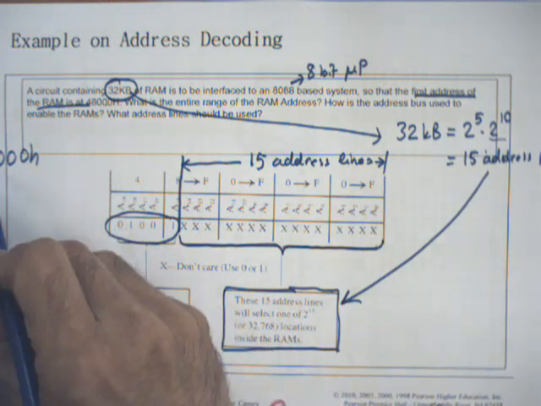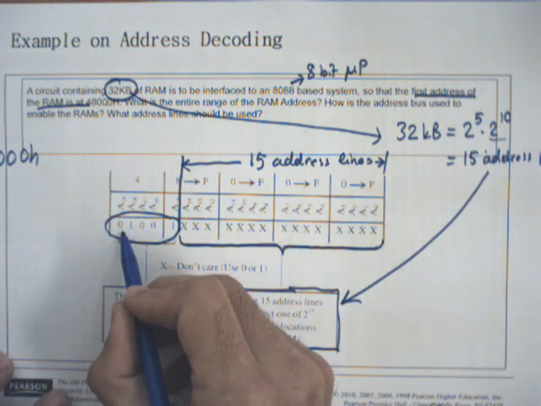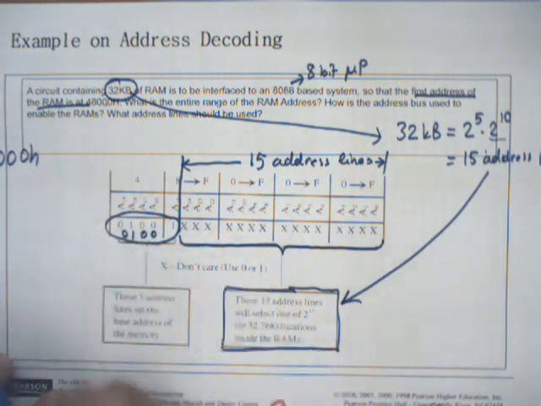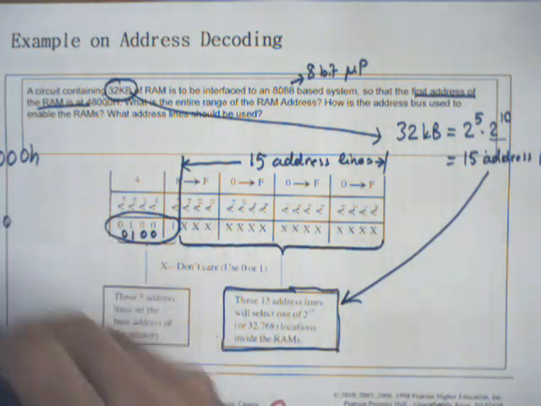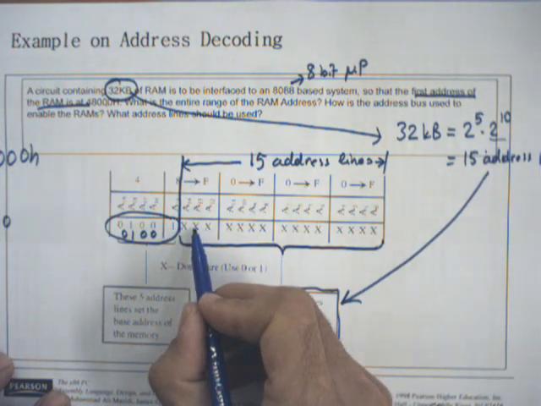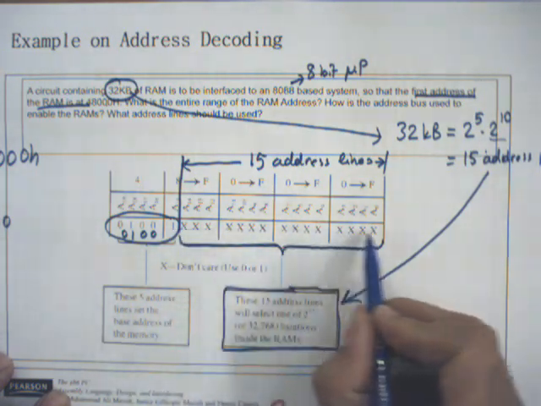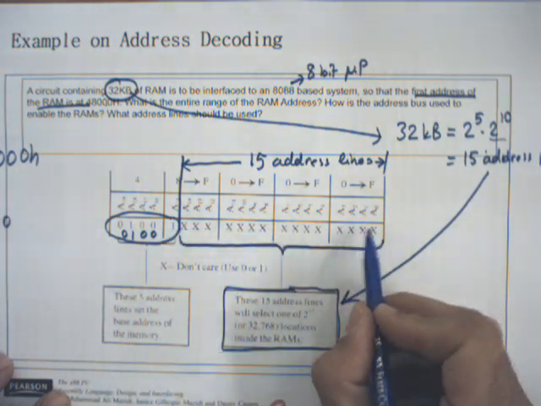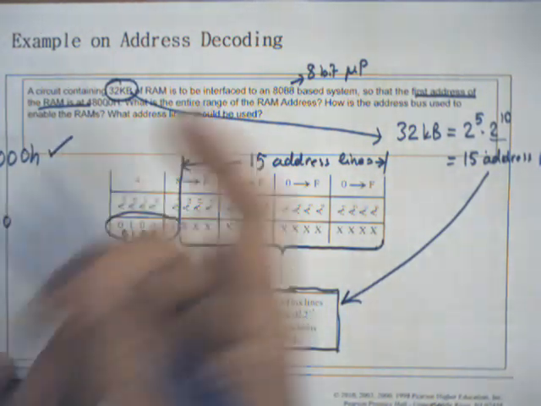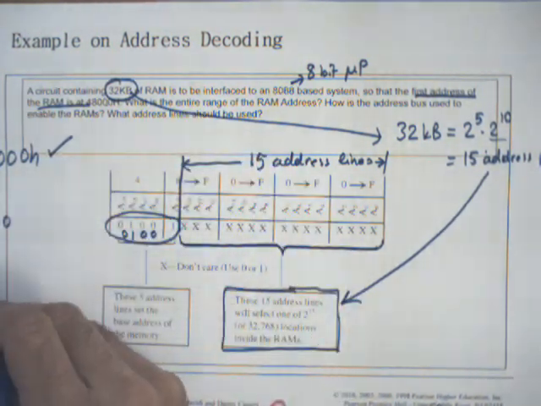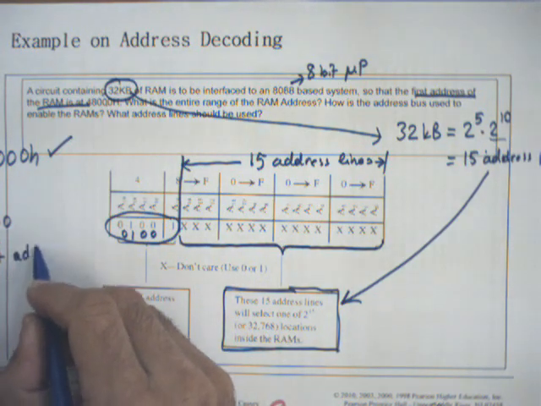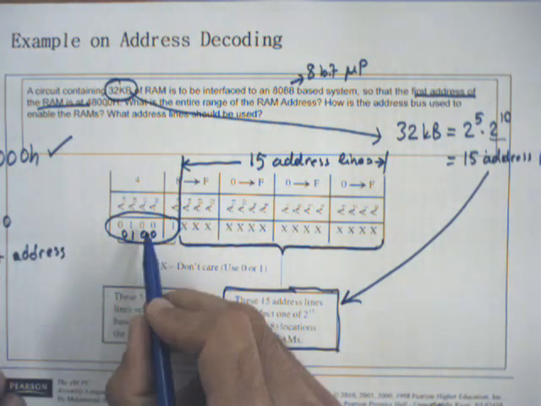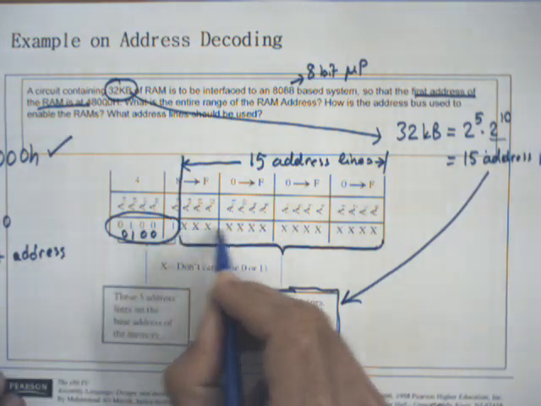Whenever the address is 4, which is 0100, and 8, 1000. The first address of the RAM is all zeros, which is this. The last address is 4 and all ones.